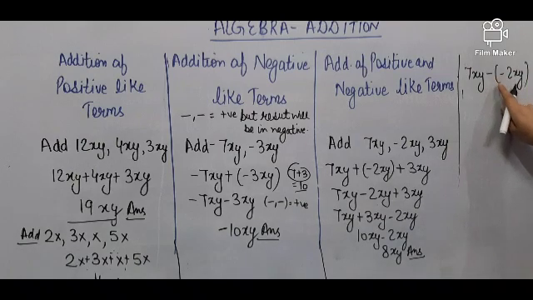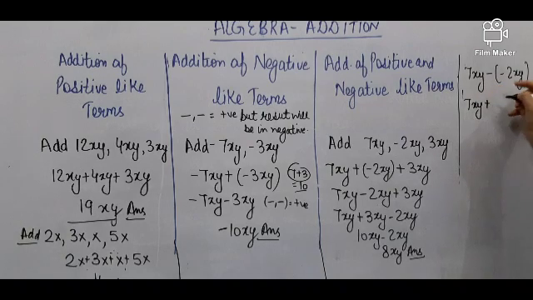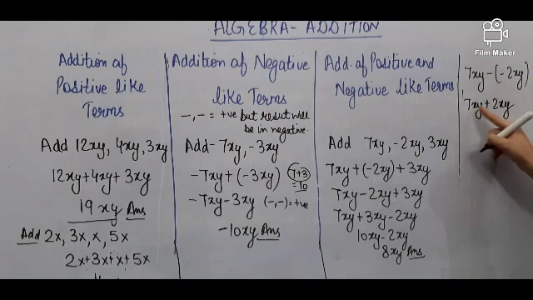When a bracket is preceded by a negative sign, the sign in the bracket will get changed. It becomes positive. So 7xy plus 2xy is 9xy, because the bracket is preceded by a negative sign. So we perform addition here.